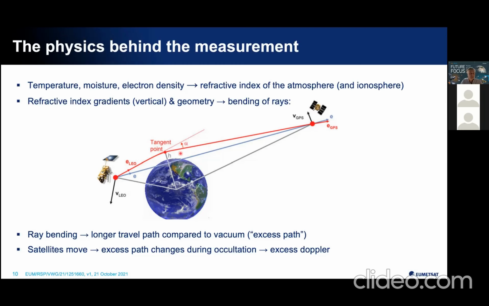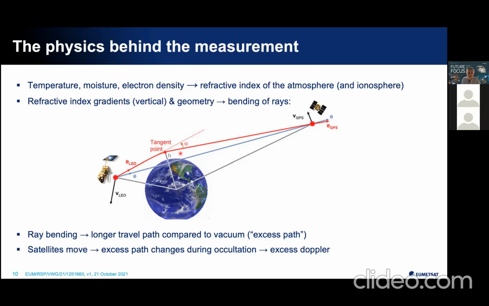Now, both satellites, obviously, they are moving. So because they are moving all the time, there is a Doppler shift in the signals. And when we take an occultation measurement and this excess path is growing and growing during the occultation, then that means there is also a change in the Doppler compared to the straight line Doppler.